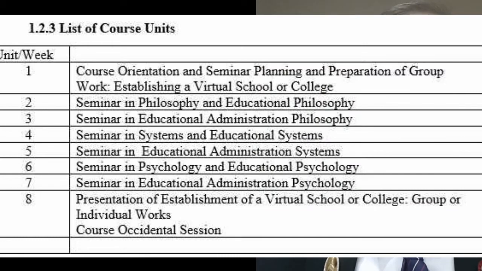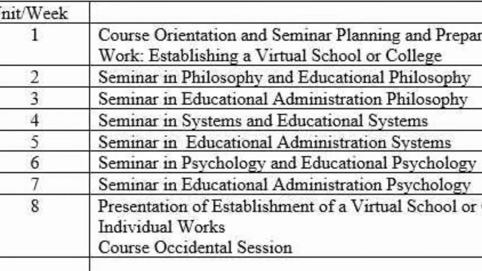Now, let's have a look at list of course units or content. During the 8 weeks you're with us, there will be 8 units. Unit number 1, which is today, will be course orientation and seminars and planning on education philosophy.